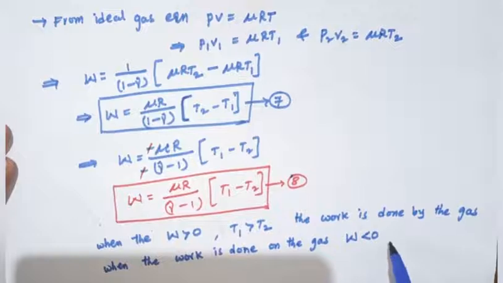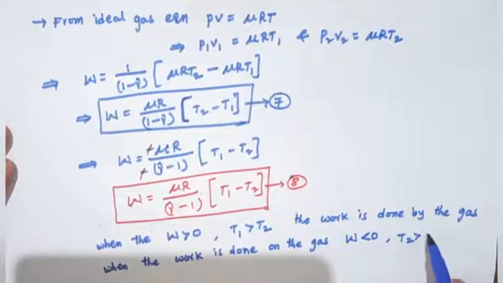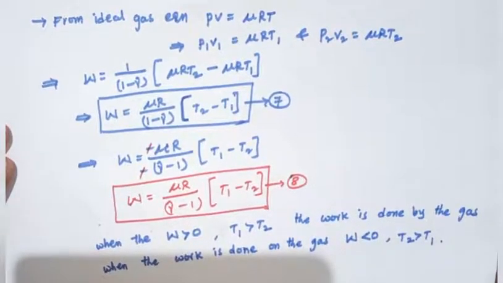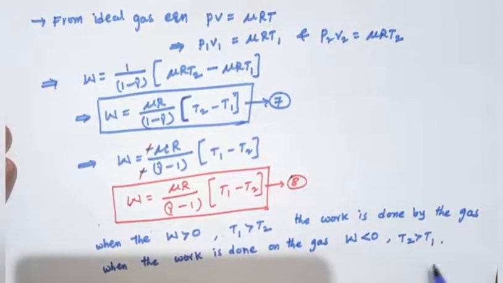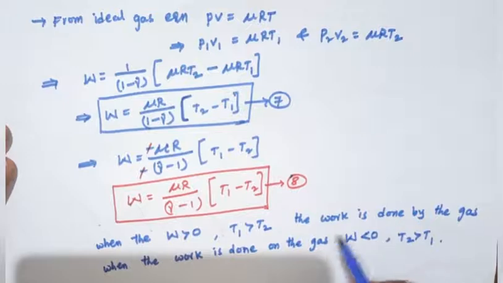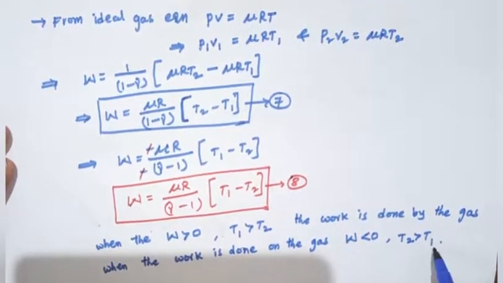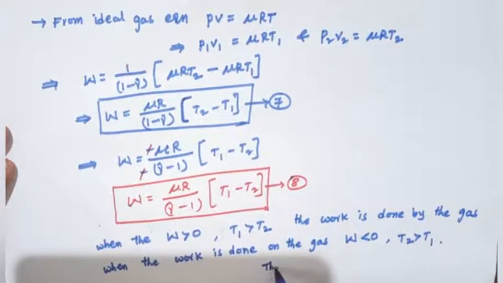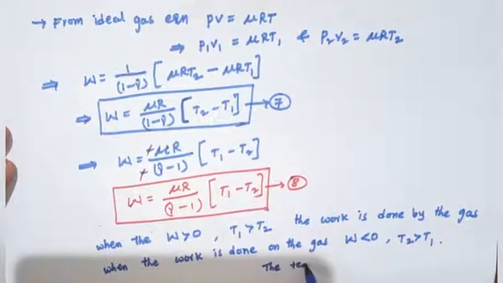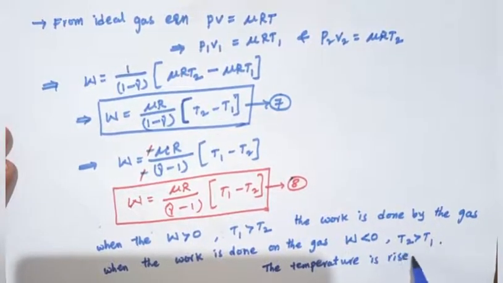That means T2 is greater than T1, the temperature of the gas rises. W less than 0 is nothing but the temperature rises.